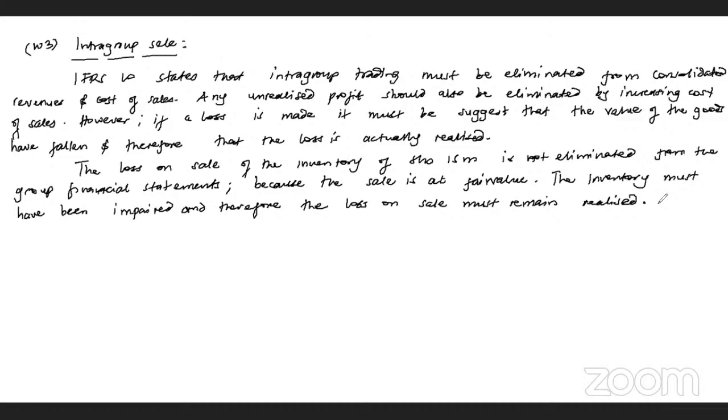Of course, if it was a P&L, the revenue and cost of sales of shilling 60 million will be eliminated. But this is a balance sheet, so it's not a P&L.